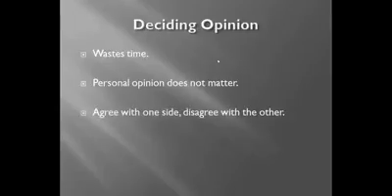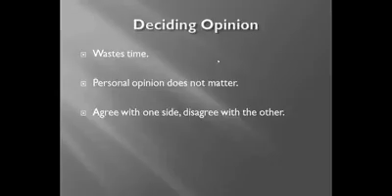Agree with one side and disagree with the other. This is the fastest and most effective way to write a discuss both sides essay. If you say, I kind of agree with one side and I kind of disagree with one side and I kind of agree with the other side and I disagree with it also, that is going to lead to a 6 paragraph essay, and that is going to lead to a very low score.